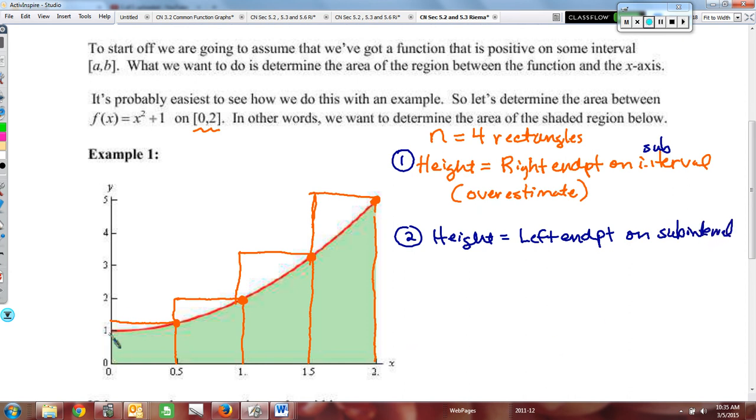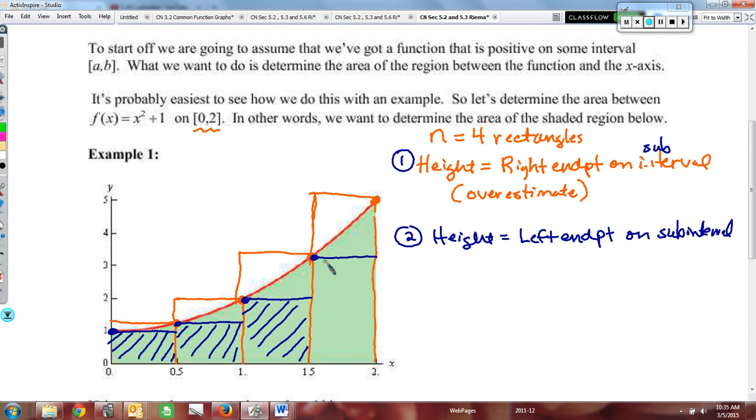Now if I use the left endpoint and draw a rectangle, and maybe I'll shade it so that we can visualize this, what could we say about this estimate of the green shaded area? We could say it's an underestimate.